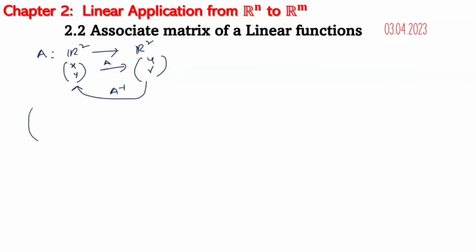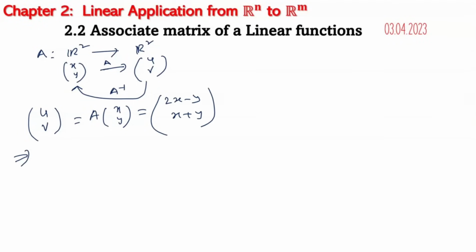From the first definition, you know that (u, v) is equal to A(x, y), which as per definition is (2x minus y, x plus y). So if we compare, we get 2x minus y equal to u and x plus y equal to v.